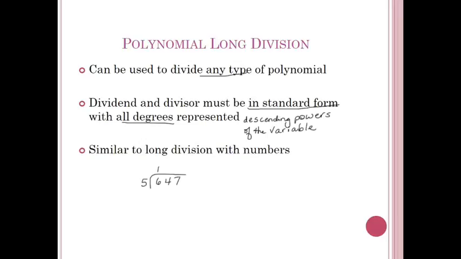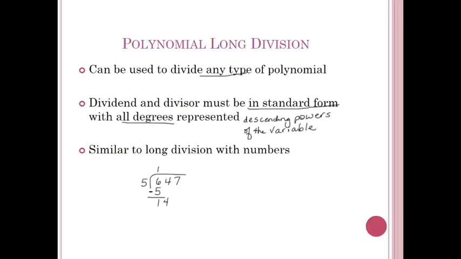Then we multiply the 5 and the 1 and put it underneath the 6. Okay? The next thing is you change the sign of the 5. I'm going to say that instead of saying subtraction because that's what we do in our long division. But in essence, you're subtracting, so it becomes now a negative 5. And 6 minus 5 is 1. Our next step is to bring down the next number, which is 4.